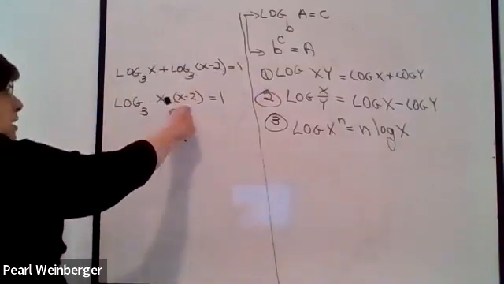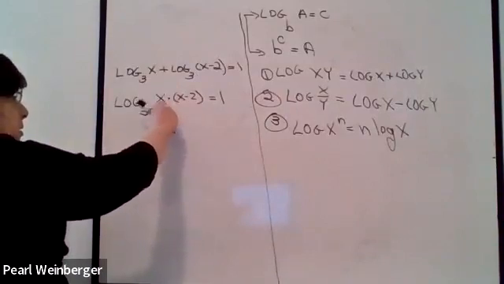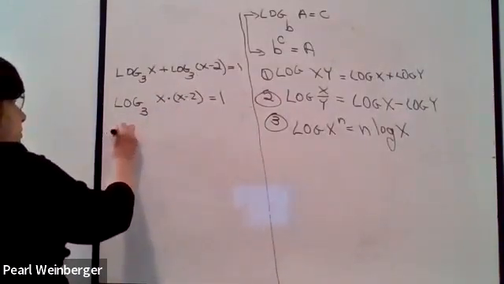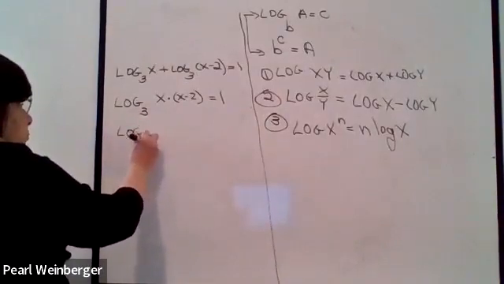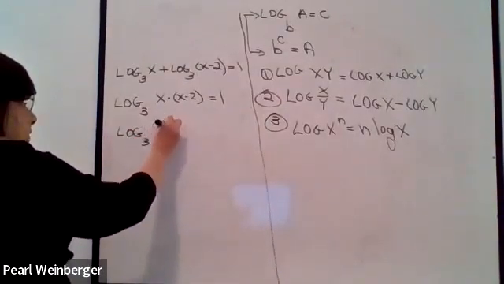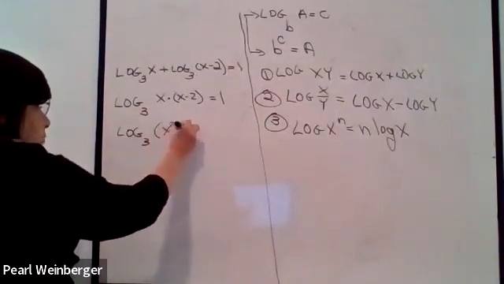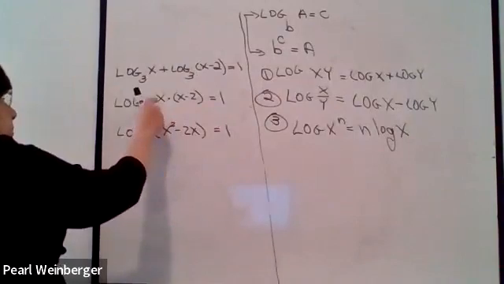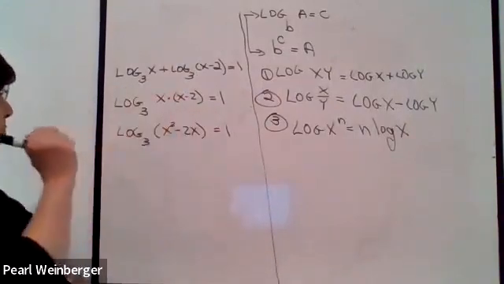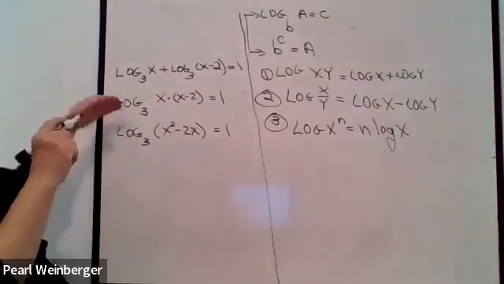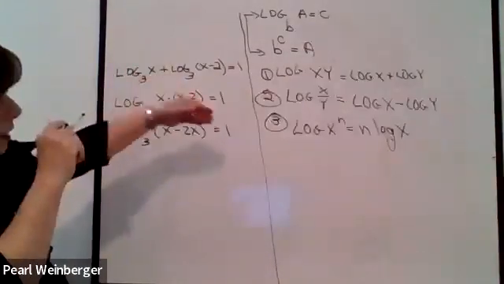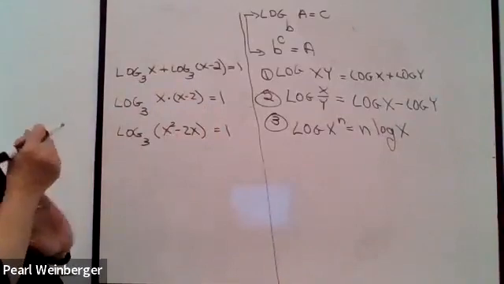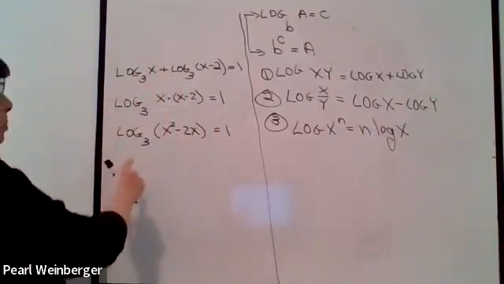And of course, this I could really expand or remove the parentheses. This really means the log base 3 of x squared minus 2x, just using the distributive property on the x times the x minus 2. Now that I have a single log equaling a number, I can change it from the log format to the exponential format.